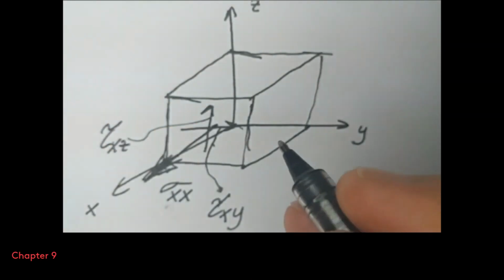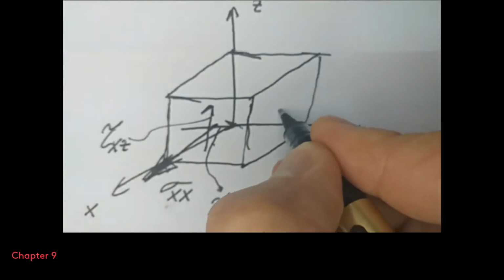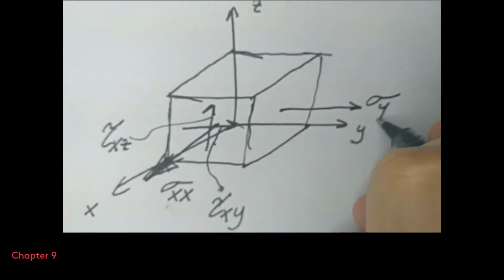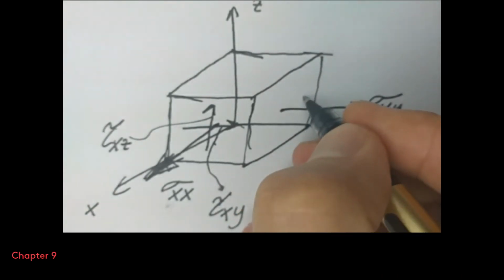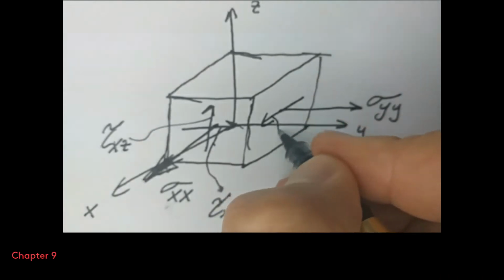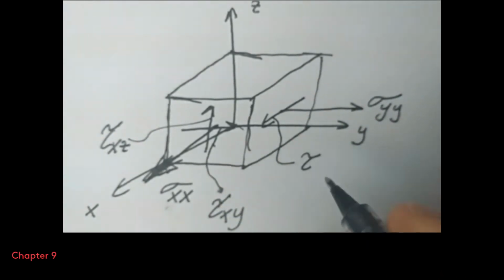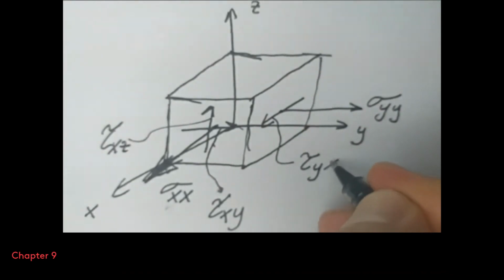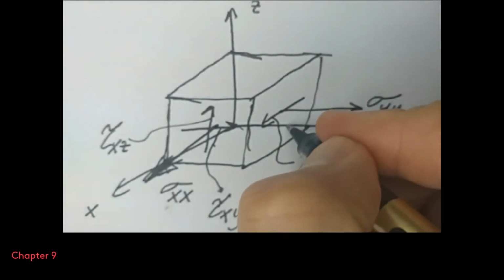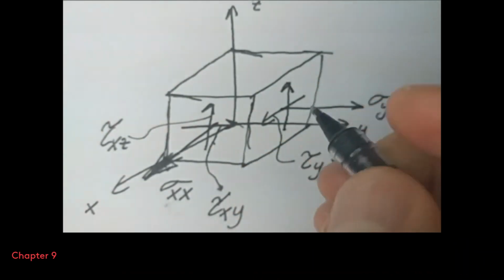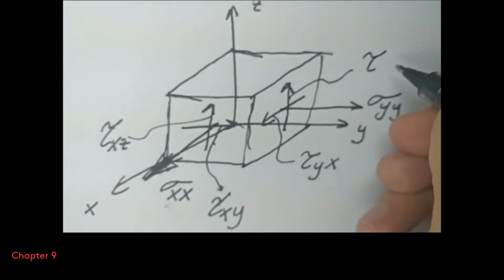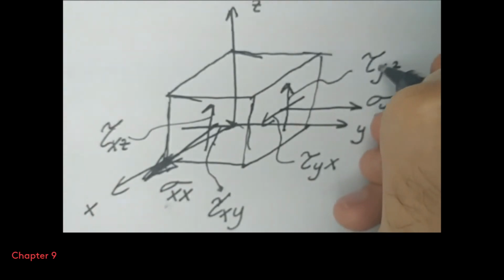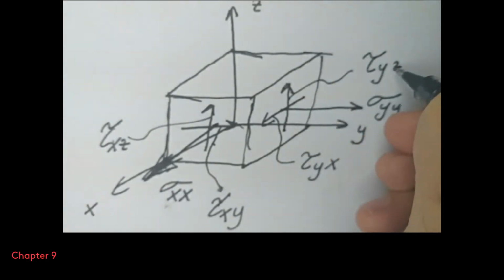Now on this face we have the normal stress sigma yy, and we have two tangential components. This is tau yx: the normal of this surface is y, and the direction of stress is x. And then we have another one, tau yz. So y is the normal direction of the surface, and z is the direction of the stress.